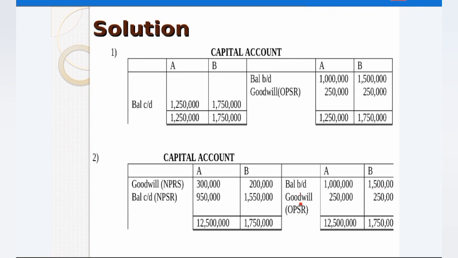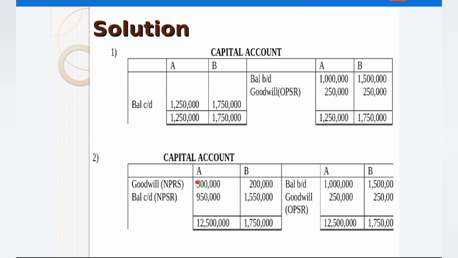When we create the goodwill, we use the old profit sharing ratio, OPSR, 250 and 250 to give you this total. But when we have to write it off, we use the new ratio. The new ratio is 3:2.